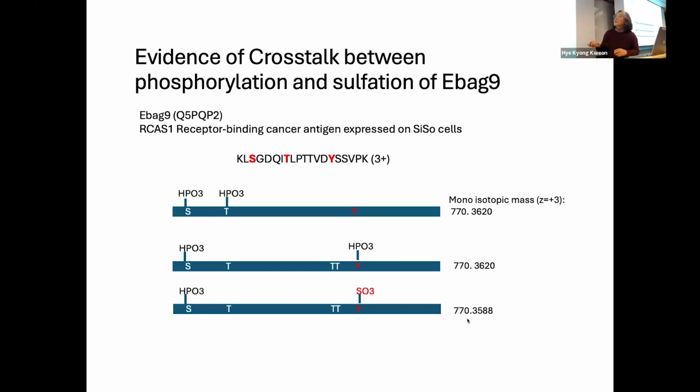But the sulfation enzyme, TPST, is Golgi resident, while most of the phosphorylation kinases are in the cytosol. So maybe once the proteins are phosphorylated in the cytosol, they will not be sulfated.